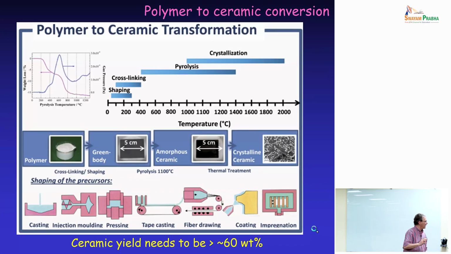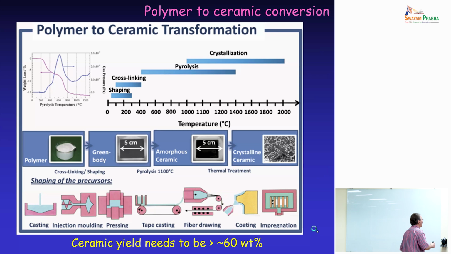So let me mention something about the so-called polymer to ceramic transformation. I told you that you need to pyrolyze in inert atmosphere, or in air if you want to get an oxide material. Your shaped part undergoes the decomposition of the polymer and its transformation into a ceramic material.